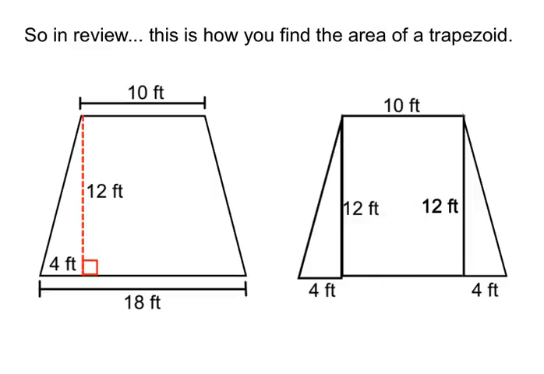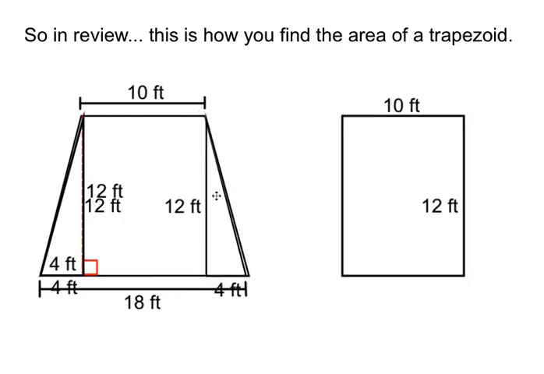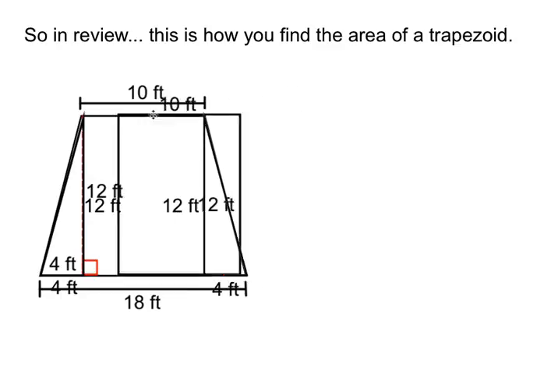So, in review, this is how you find the area of a trapezoid. We take our trapezoid and we look for shapes that are easy to find and easy to work with. In this case, we have two triangles that fit perfectly in there, and once we have those triangles in place, we then establish a rectangle.